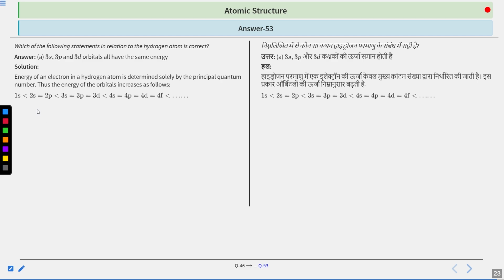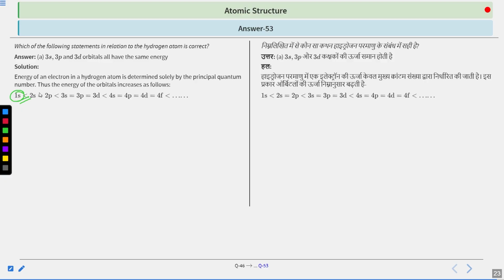If you are considering the hydrogen atom, then 1s will have the least energy, because the interaction between the electron and proton is attractive, and that will decrease the energy of 1s. Excluding this, within a given shell all the subshells or orbitals will have the same energy.